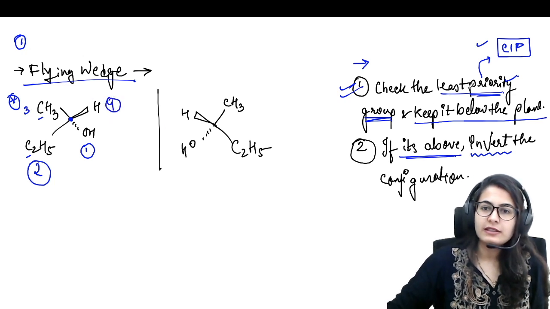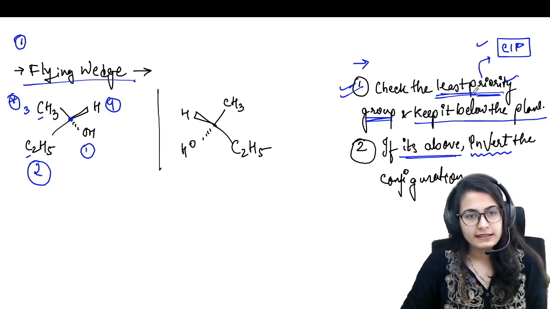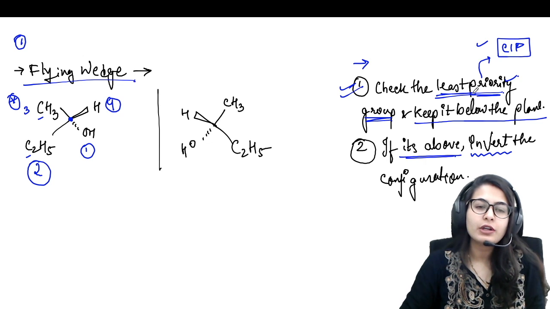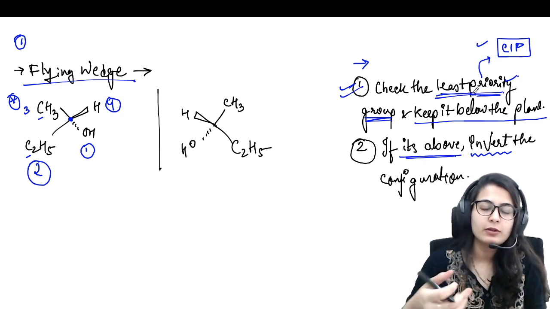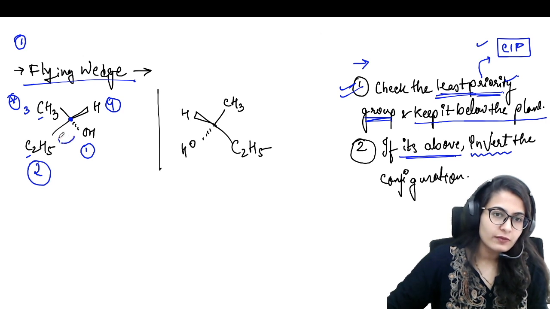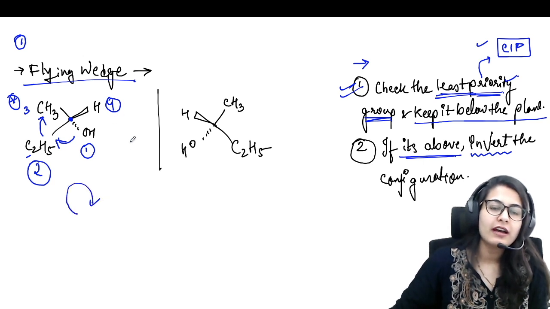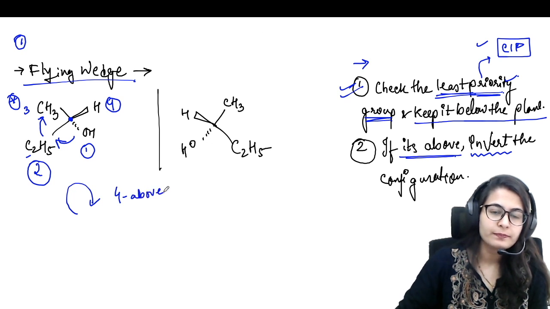So here you see once again, the least priority group is the hydrogen. Where is it? It is above the plane. So are we going to rotate and write it below the plane? No. We'll just see the rotation from 1, 2 and 3. The rotation is clockwise. If the rotation is clockwise and you have the least priority group above, what are you going to do?